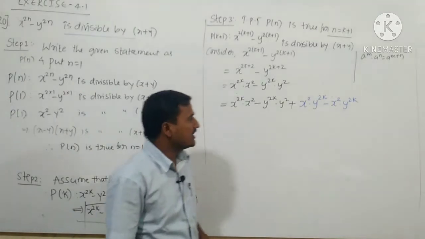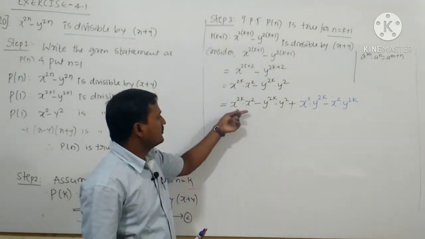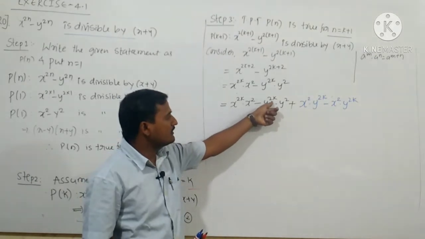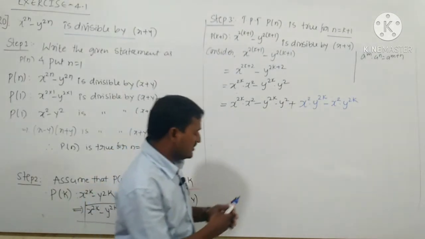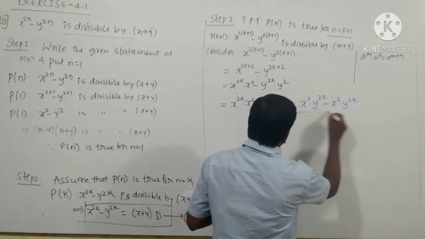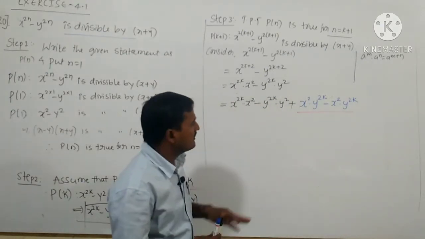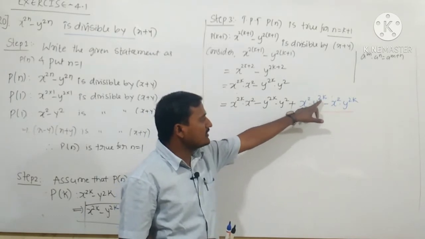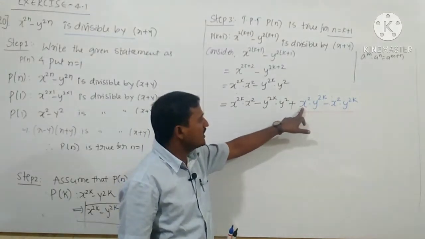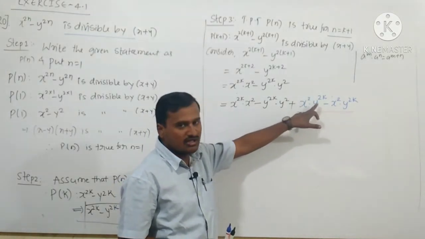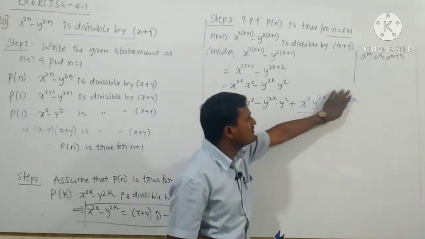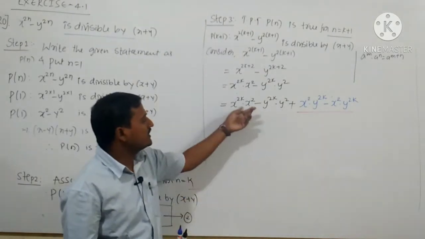So here what I have written, so initially x to the power 2k into x square minus y to the power 2k into y square is there. So here I have written this extra term. So here what we have done, add and subtract x square into y to the power 2k. X square into y raised to 2k, here I have added, here I have subtracted. Again these two terms will get cancelled, again getting the same one.